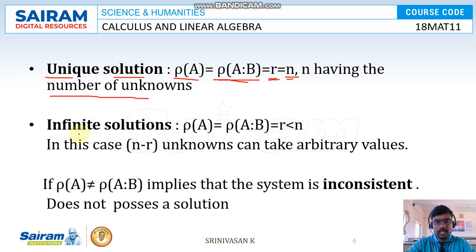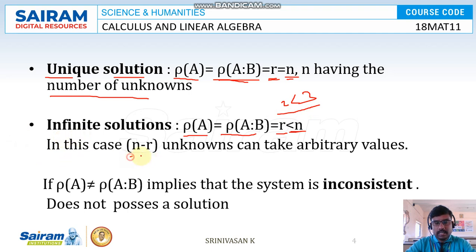The other result is the infinite solution. We get an infinite solution if rank of A equal to rank of AB equal to R, but R is less than N. For example, R is 2 and N is 3.